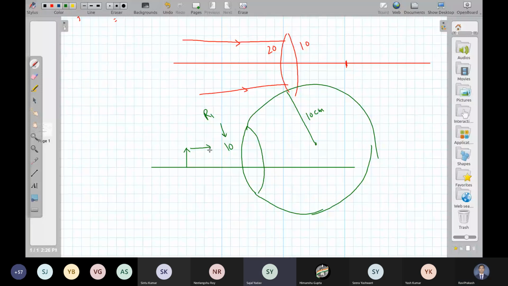Right. What about R2? R2 means this side. So what will you keep? Positive or negative? No, R1 will be positive, sir, by sign convention. Sorry. R1 will be positive. R2 will be negative.